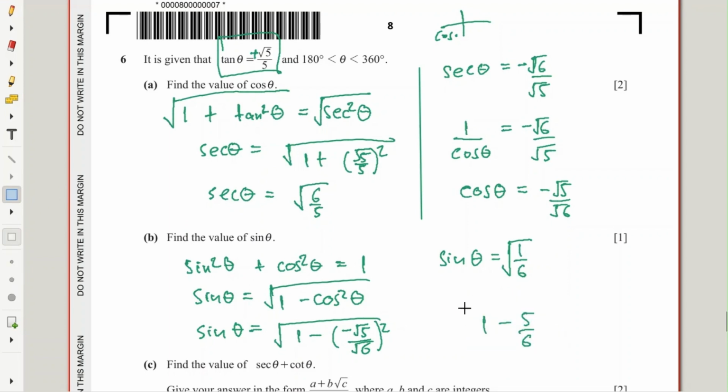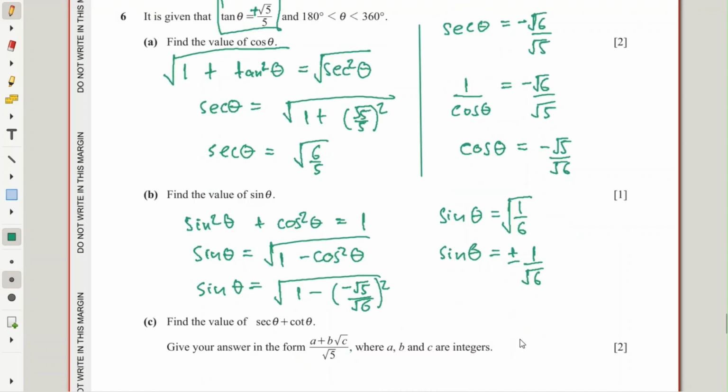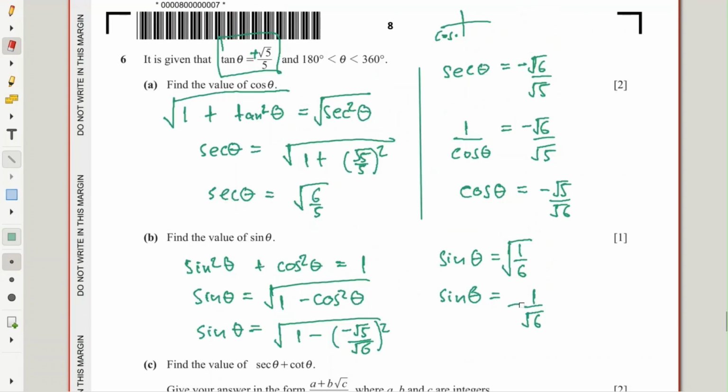And the square root of that is the same as plus or minus root 1 over root 6. Root 1 is 1, root 6 remains the same. But is it going to be plus or minus? It will be minus because in the third quadrant, sine is negative.